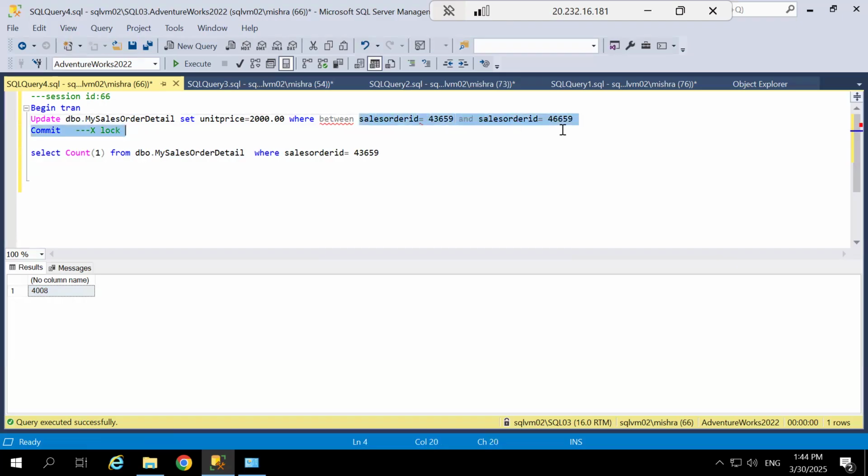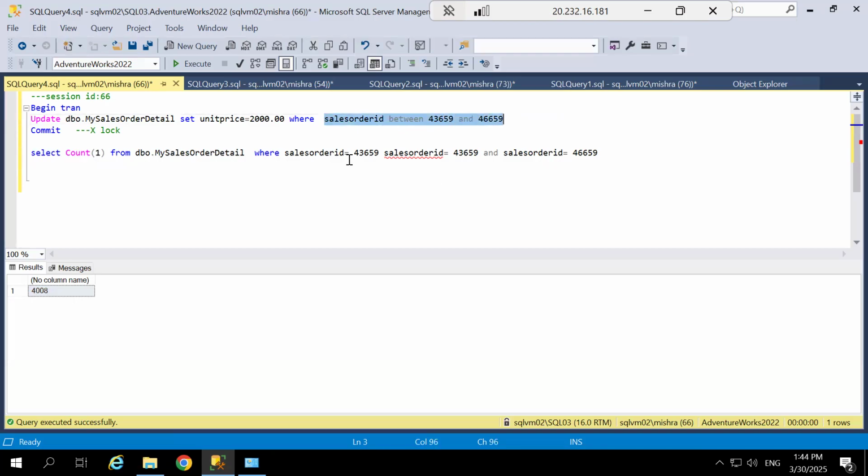Let us copy it, Control C, this one, where Control X, sales order ID. For the WHERE sales order ID, between, right? BETWEEN should come here, and simply this value. That's fine.